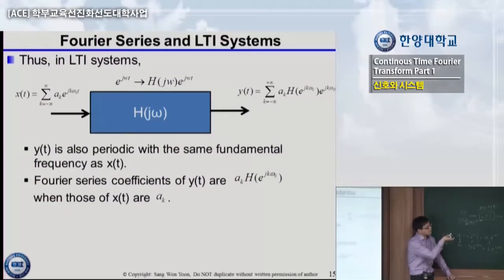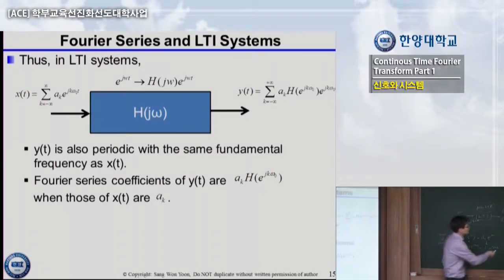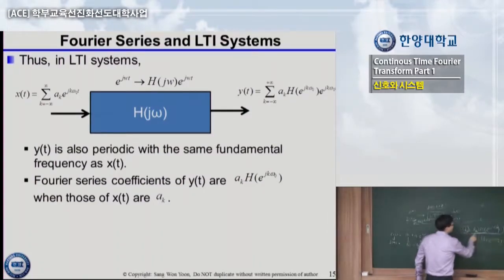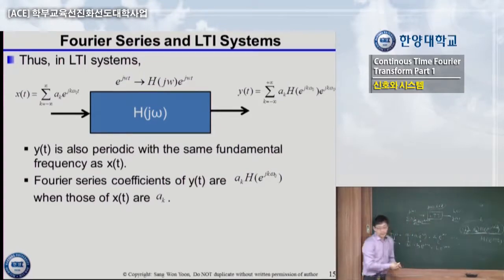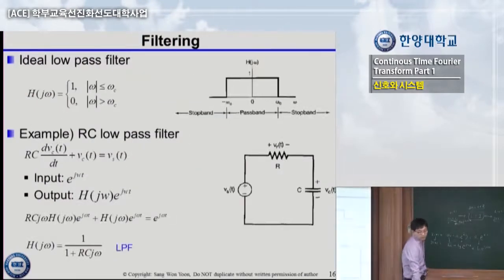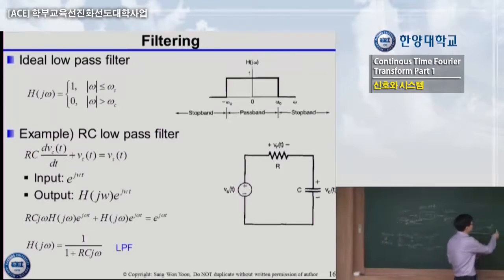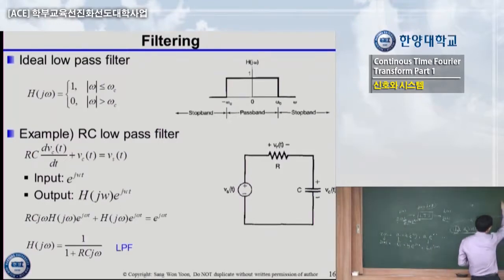However, keep in mind this equation for now, because this one gives you a lot of idea how things are going. For example, if you have a filter, what is filtering? You have learned that in frequency, a low pass filter is this, a high pass filter is this, something like this in frequency.